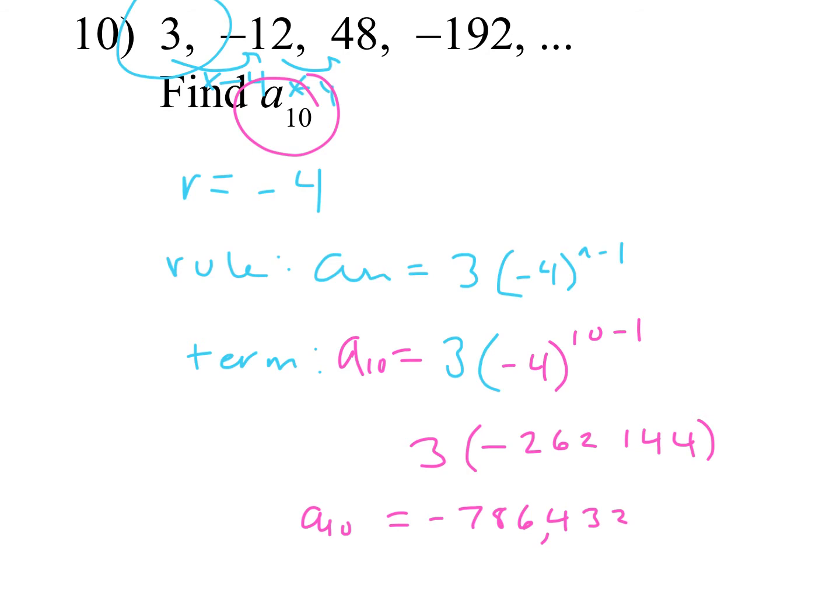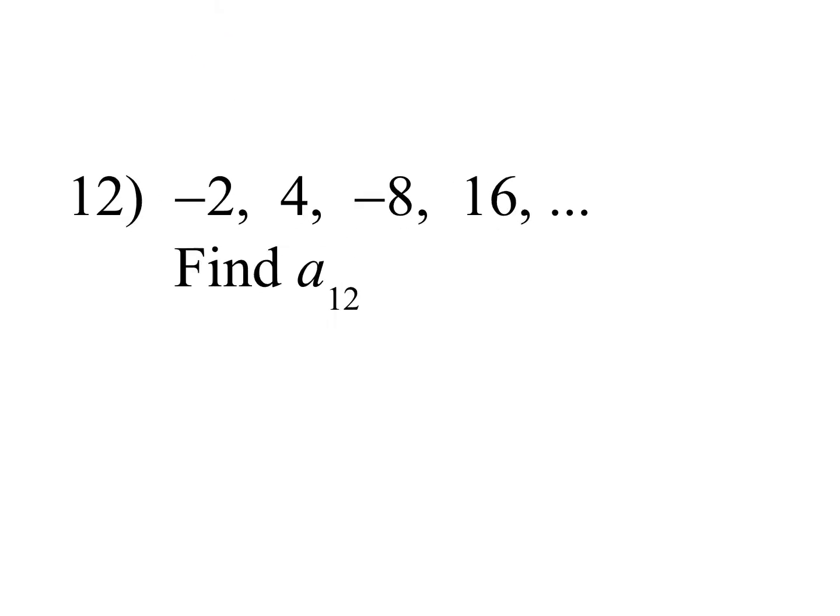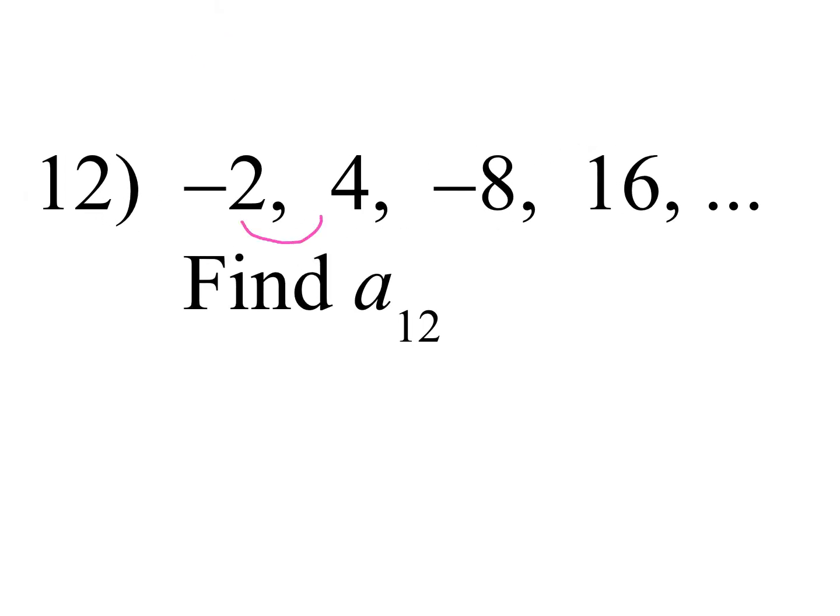So we have our rule, our common ratio, and the term. All right, 11. Here we can see we're multiplying by negative 2, multiplying by negative 2, multiplying by negative 2. So our common ratio is negative 2.